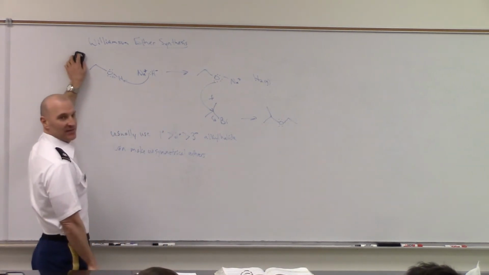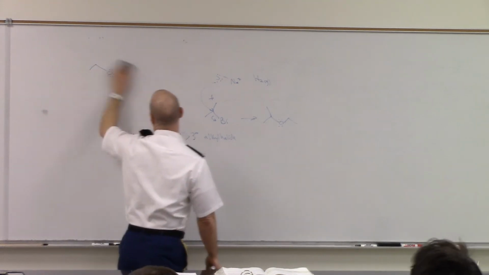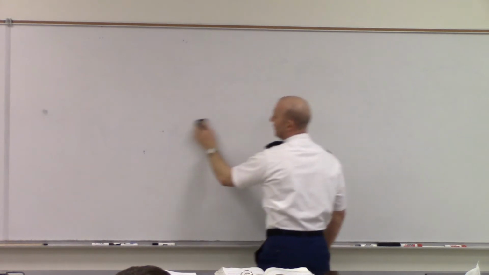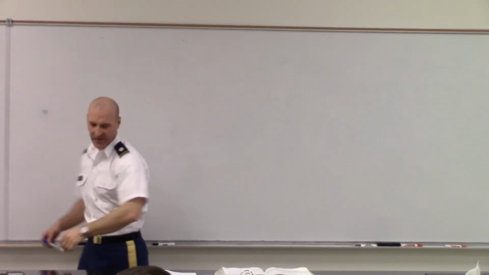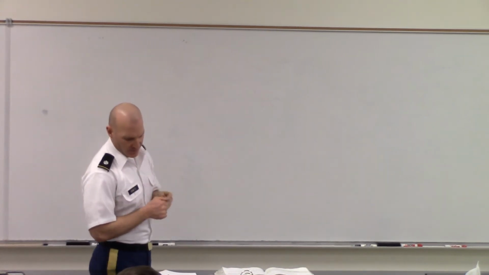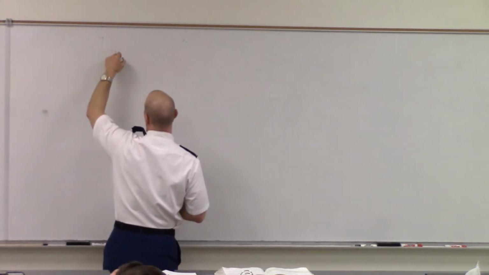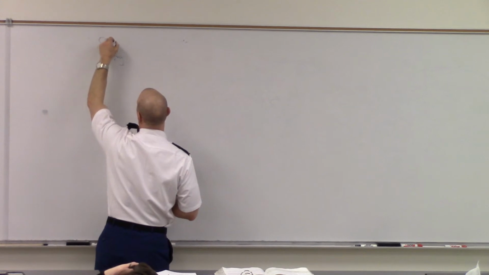All right, everybody got this? So the other way is to use the oxymercuration, demercuration. We've done some of that before, right? But they introduce a little bit of a different reagent.